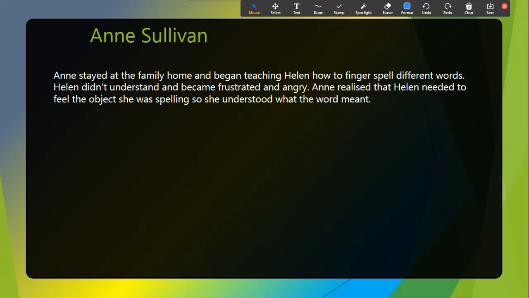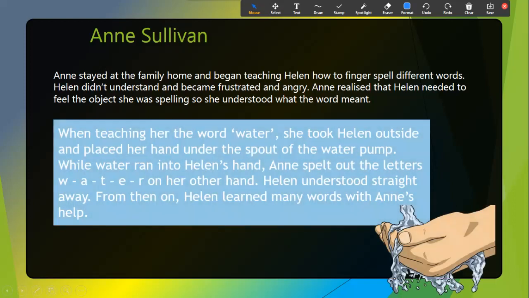I want to tell you some information about Annie Sullivan. Annie Sullivan stayed at the family home and began teaching Helen how to finger spell. And I told you that she was taking her fingers and she helped her from her anger and frustration to become a very good person. When she started teaching her words, the first word was water.